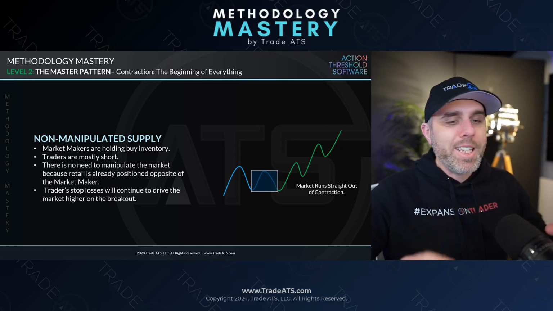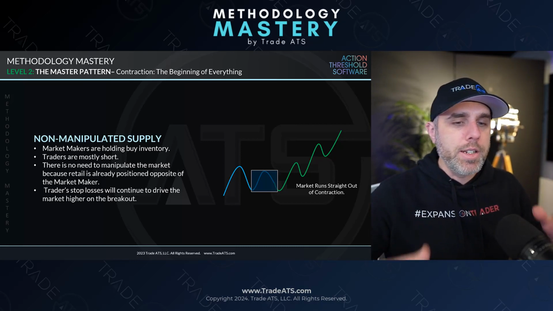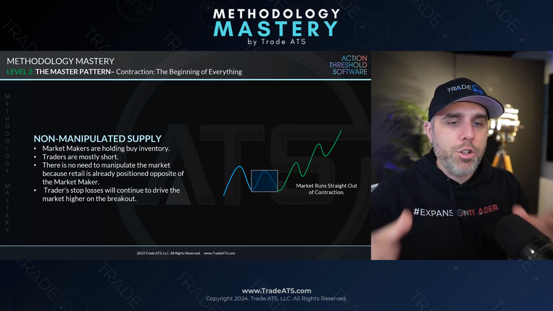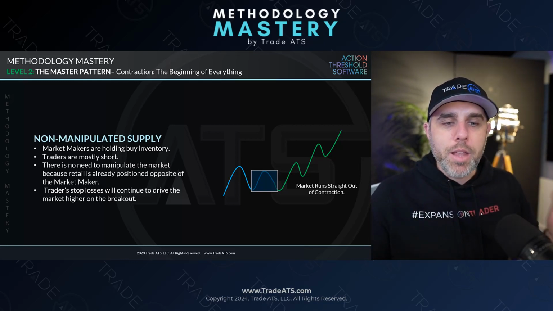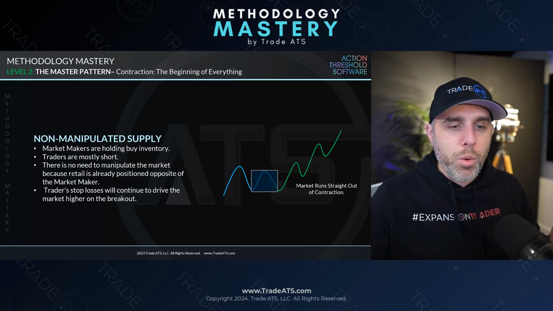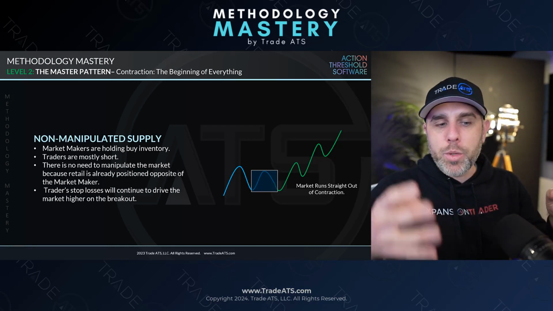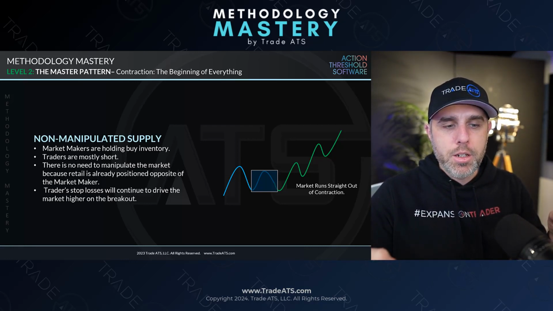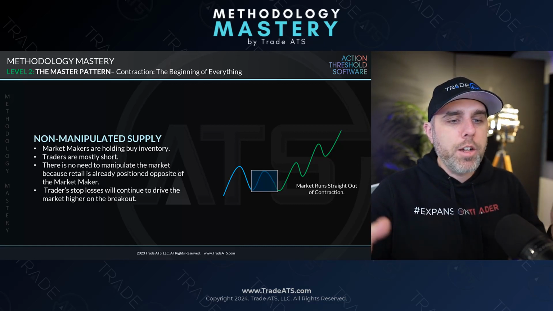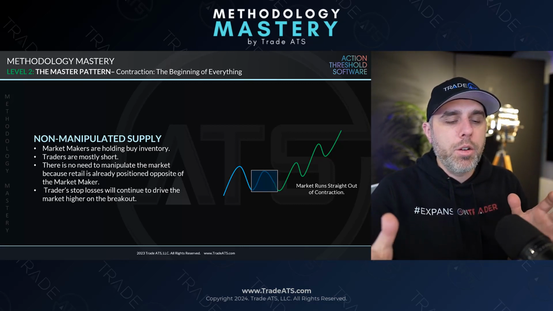Now, this can get very complicated if you try to dissect every little bit of this and try to work it out. Thankfully, that's what the whole master pattern methodology is for. We see contraction. We know if things are being manipulated because we see the multi-leg expansion. And we're not trying to call what's going to happen or predetermine.